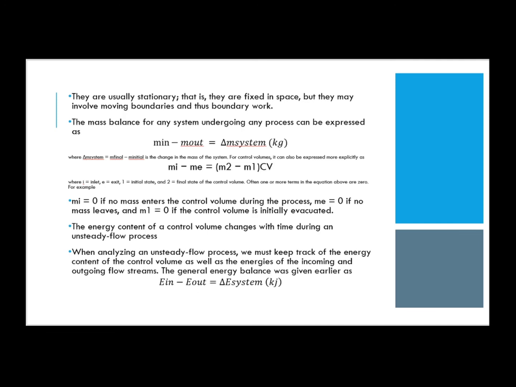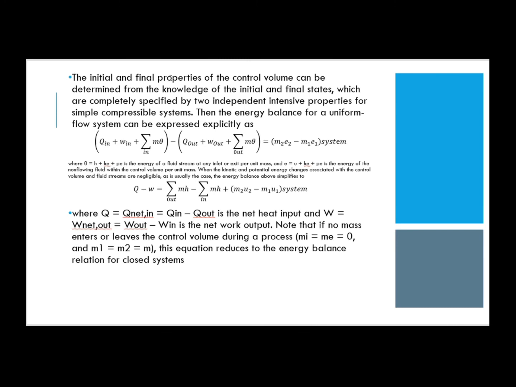The initial and final properties of the control volume can be determined from the knowledge of initial and final states, which are completely specified by two independent intensive properties for simple compressible systems.